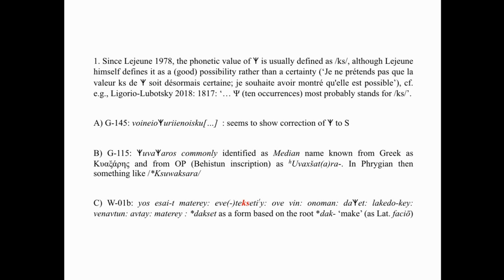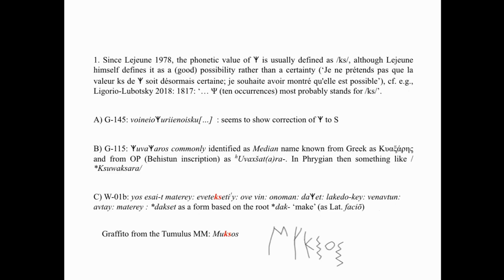So the explanation is problematic, and then just 10 years ago another graffiti was discovered on the beams of the tumulus MM, which again features the combination kis spelled with 2 letters. So actually Lejeune's interpretation of the letter cannot be true.